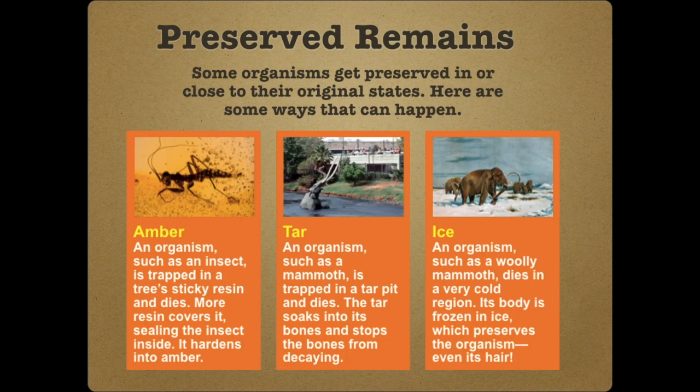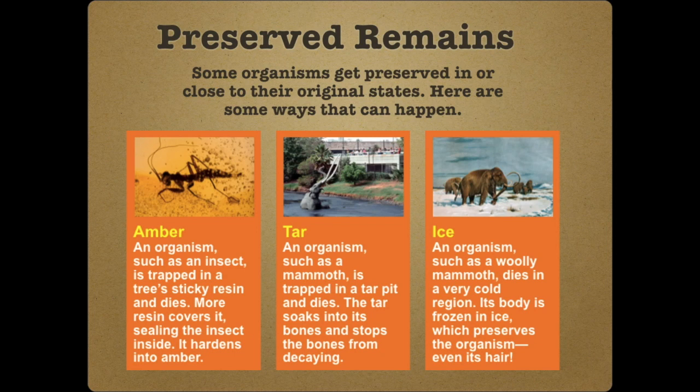If the tree sap landed on an insect and trapped the insect inside, and then that amber fossilized, that's your preserved remains. If you watch Jurassic Park, that was the main thing, that they were able to drill and get the DNA from the little mosquito. That was the whole premise of the movie, the preserved remains, the blood, the DNA that the mosquito got.